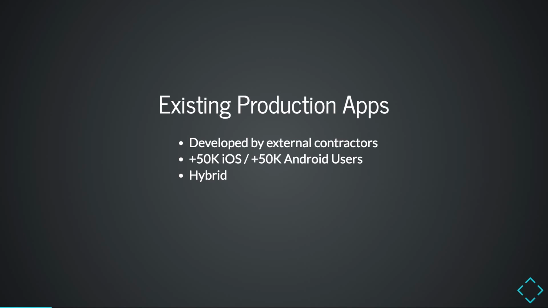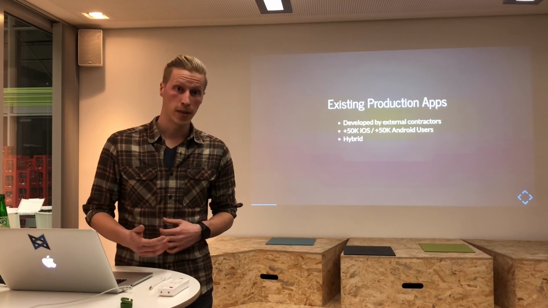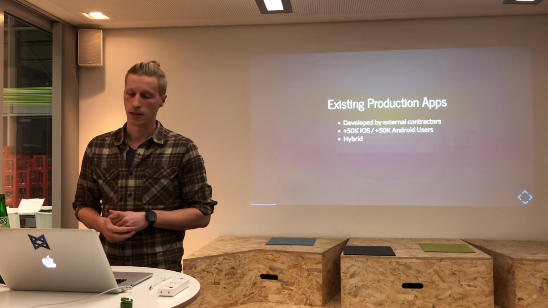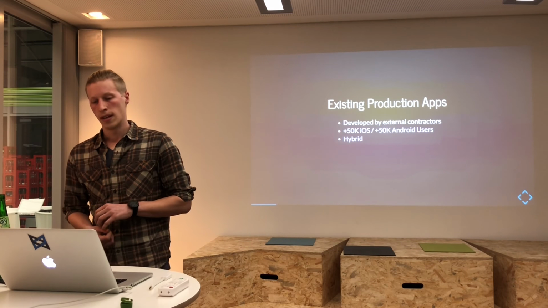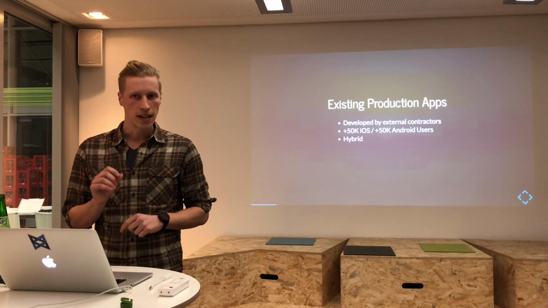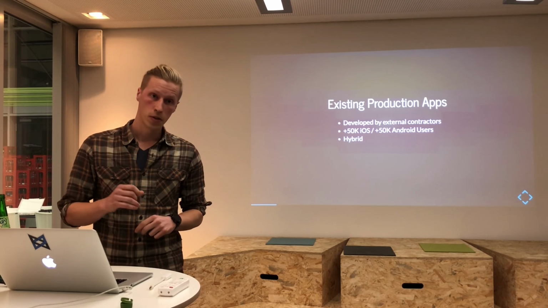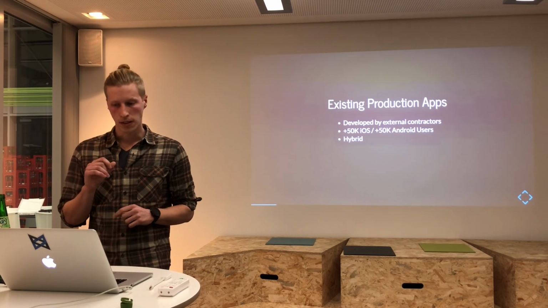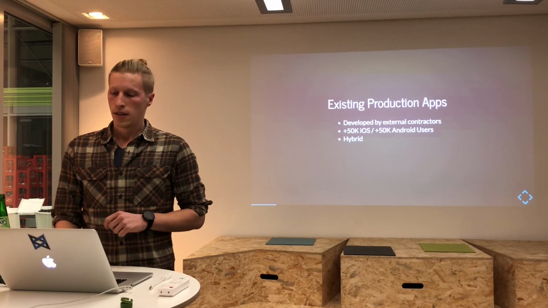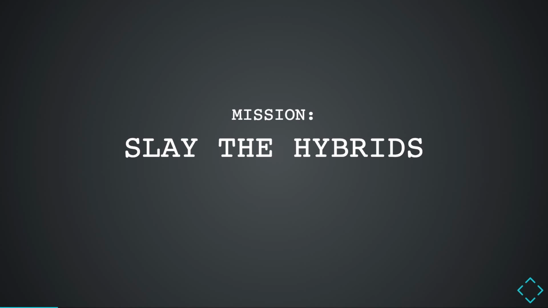So they were built hybrid so that we could continue to build web applications, and that's how we rolled out new features for them. But that hybrid element definitely shows in these apps. They are slow to load, they are slow to respond, they feel absolutely terrible. So my team embarked on a mission to slay these hybrids and replace them with React Native.